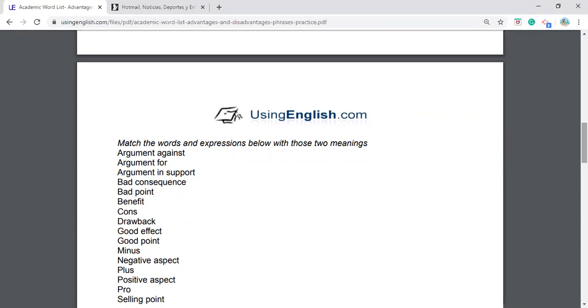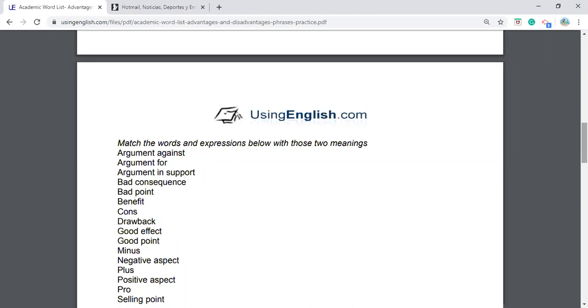Okay, let me tell you an example with the selling points. A selling point can be used as the key aspects, the key most important aspects.